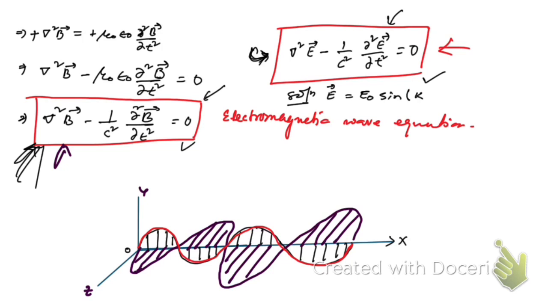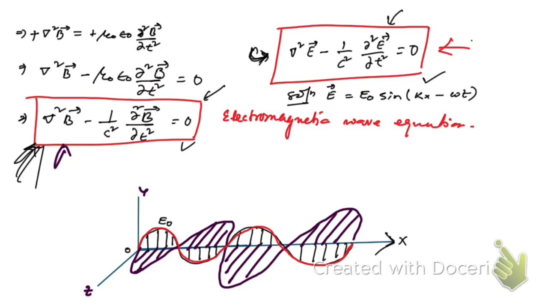Sine kx minus omega t. So here kx, x, that means the wave is propagating along x-axis, and here you see this electric field is oscillating in xy plane, and that means it is oscillating in y direction, right? The direction of the amplitude is in y direction, like this, vertically, this way. This is the y direction, right?